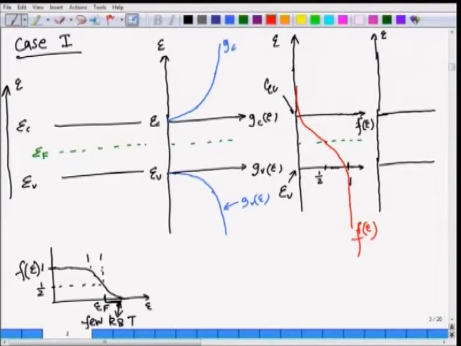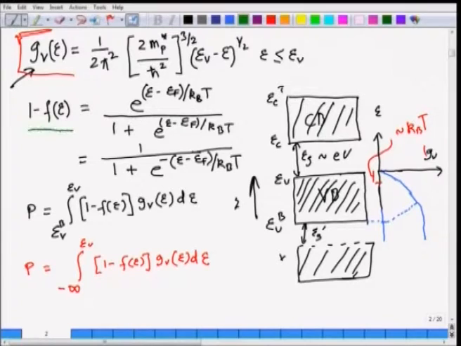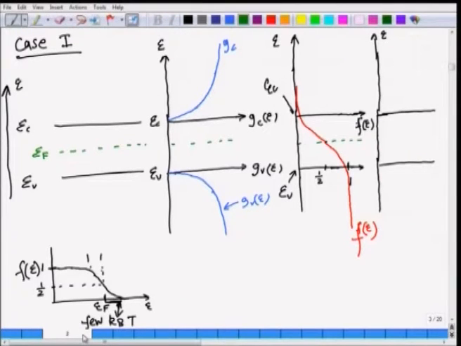Now, I want to plot also 1 minus f of E. That is simple. This 1 minus f of E is required for calculating the value of p. Since it was 1 right here, and it is the mirror image of f of E, it will be simply 1 minus f of E. So, I will plot it like this, slightly falling off, just an exactly symmetrical curve.